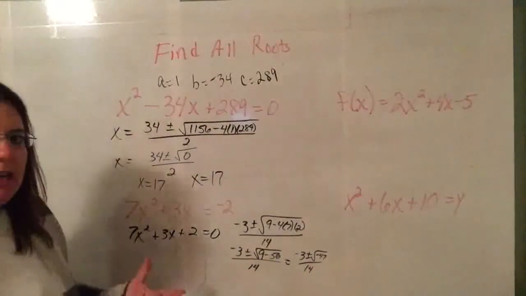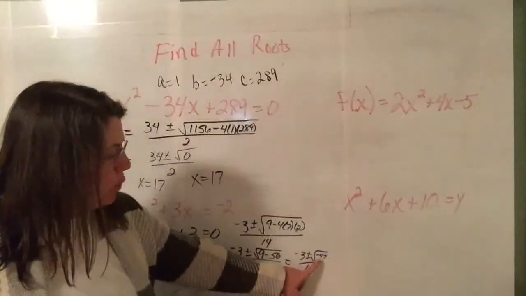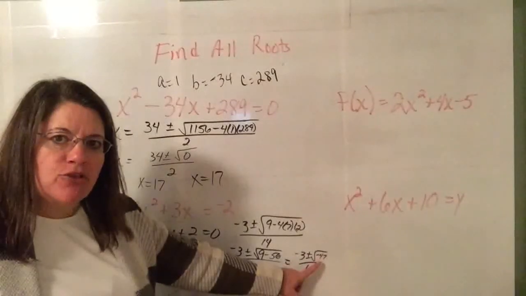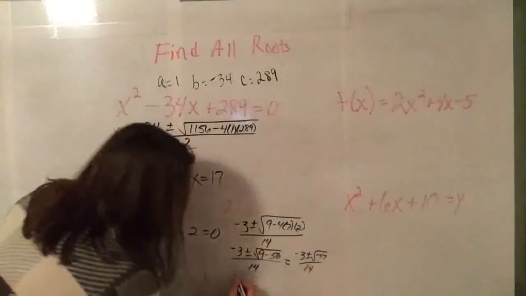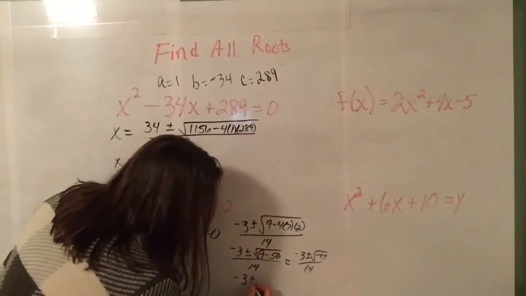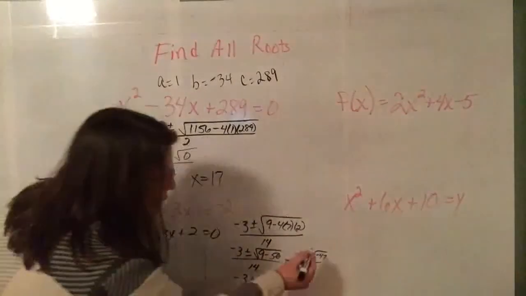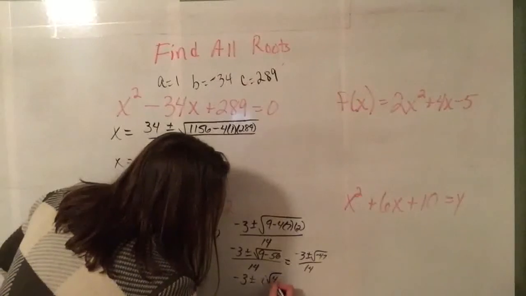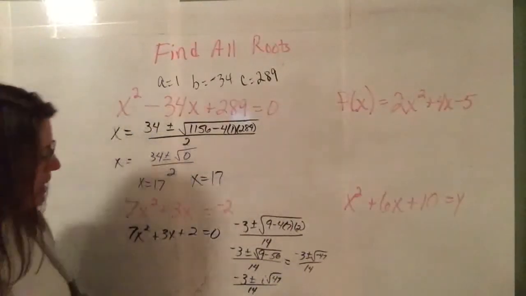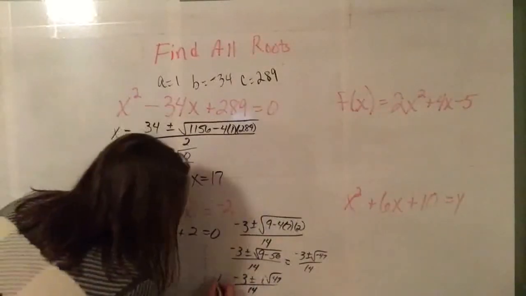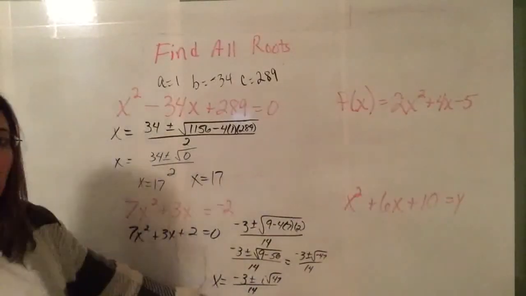Now, that negative 47, we can bring the i out. That's an imaginary number. So this is going to have 2 complex roots. So we have negative 3 plus or minus i square root of 47, which can't be broken down any, so we just have to leave it like that. And then that's over 14. We would simplify this if it simplifies any, but for this one, that's really all we can do.